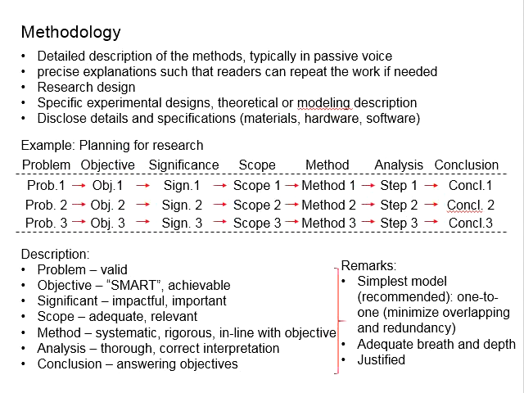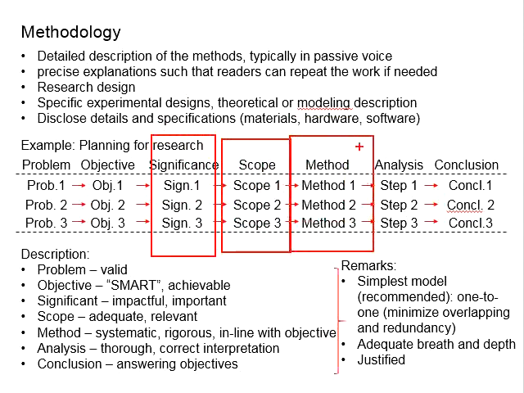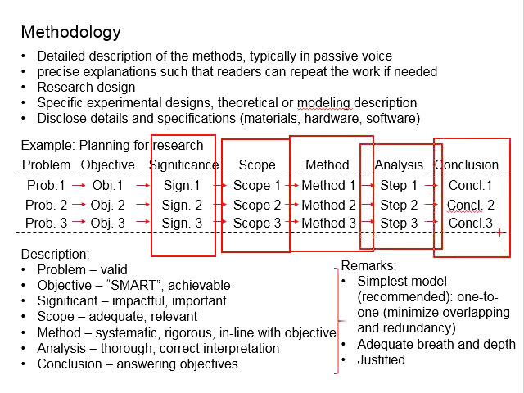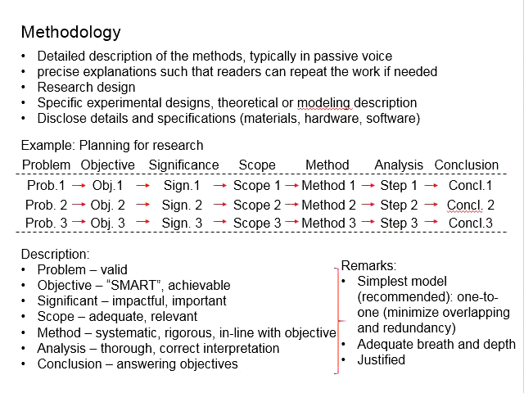The objective needs to be a SMART objective, which is specific, measurable, achievable, realistic, and time-bounded. And then when it comes to the significance of the study, scope of the study, method, analysis, and conclusions, similar structures follow accordingly.